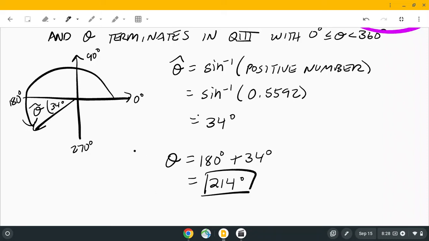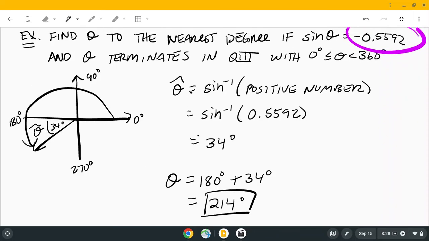Again, I like to draw so that I can see what to do with this reference angle. Do I have to subtract it? Do I have to add it? And who am I adding it to? Who am I subtracting it from? I like to draw this so that I can see what's actually happening.